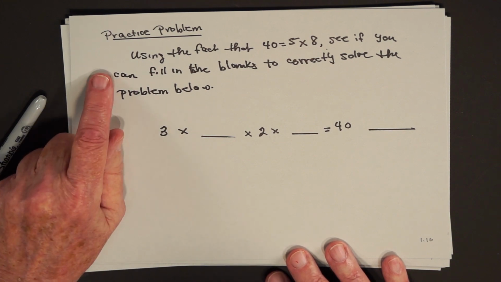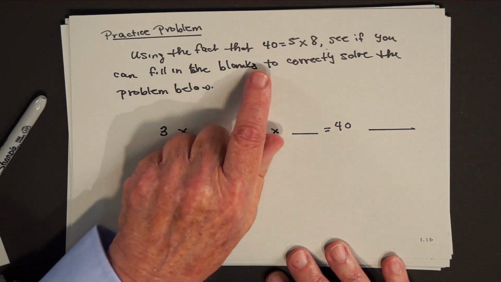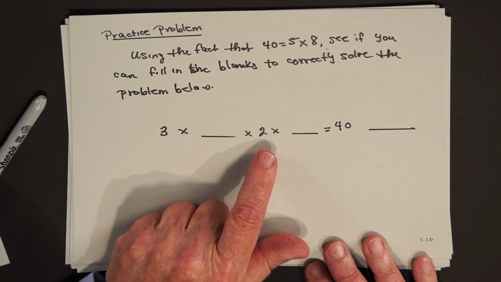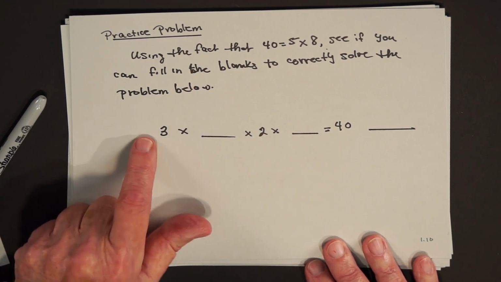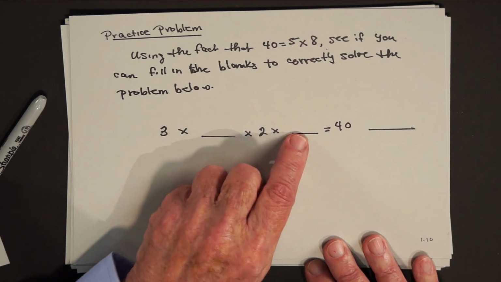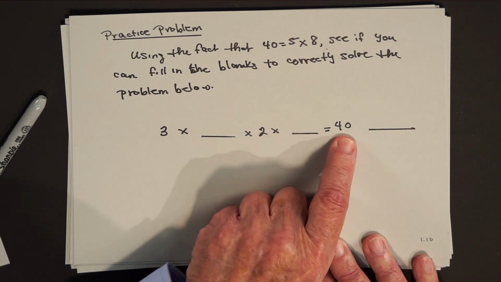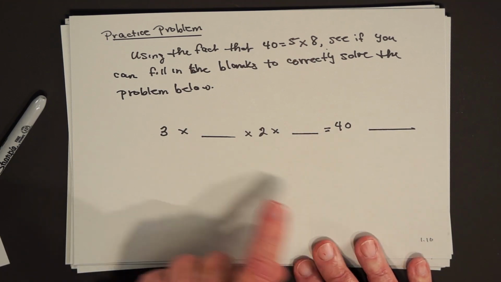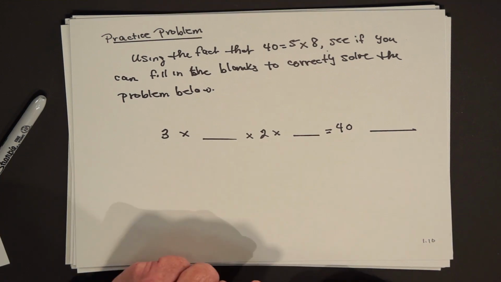So the practice problem is this. Using the fact that 40 is 5 times 8, see if you can fill in the blanks to correctly solve the problem below. 3 times some quantity times 2 times another quantity is 40 times a third. What numbers can we put in here to make this a true statement?